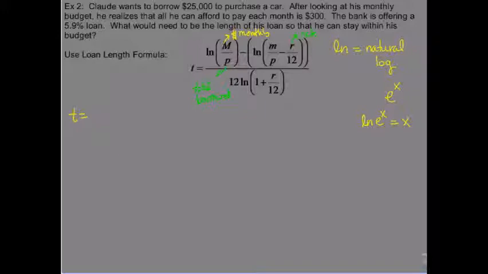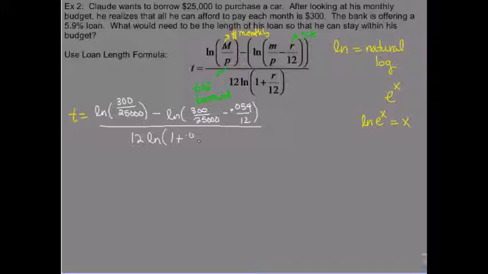So what we're going to do is the natural log of 300 divided by 25,000 minus the natural log of 300 over 25,000 minus 0.059 over 12. And this is 12 times the natural log.